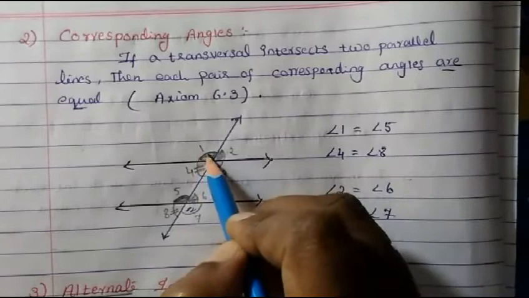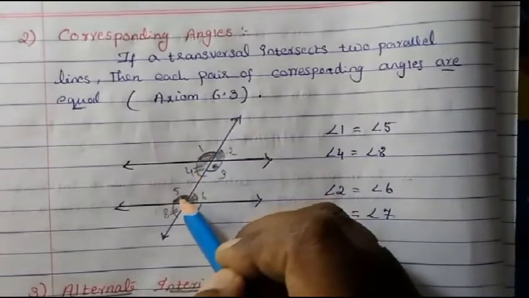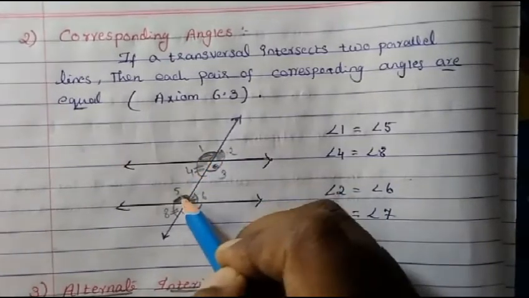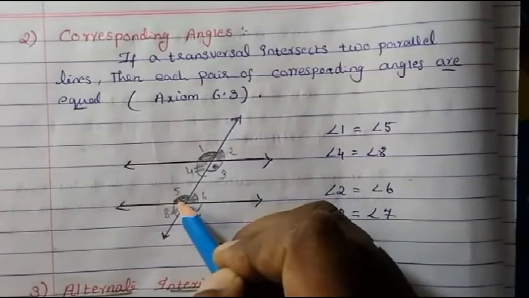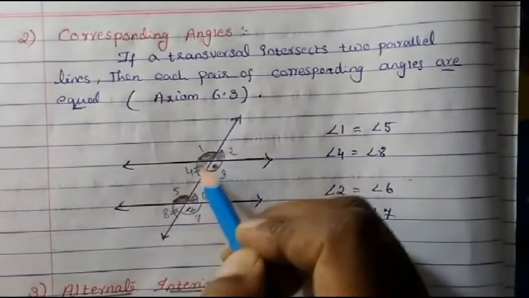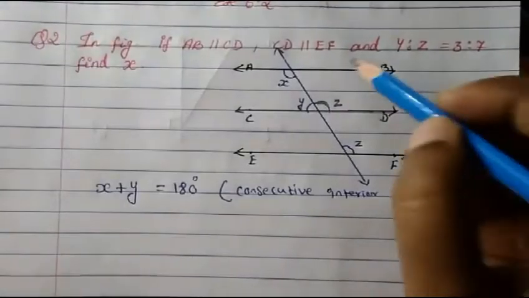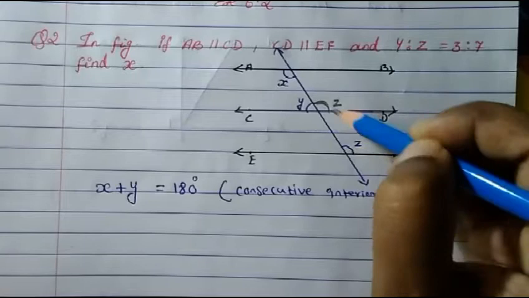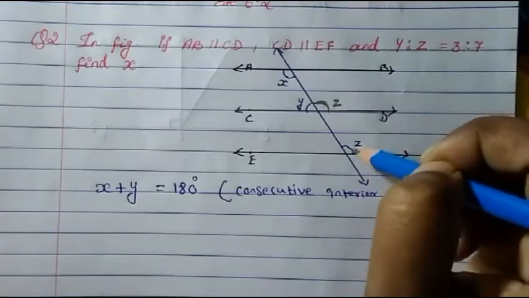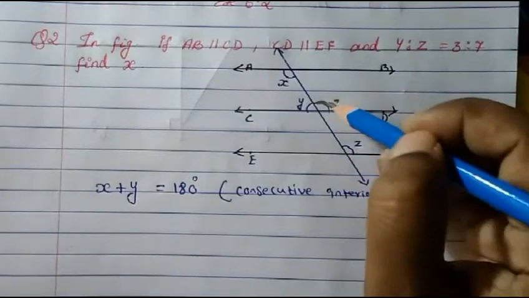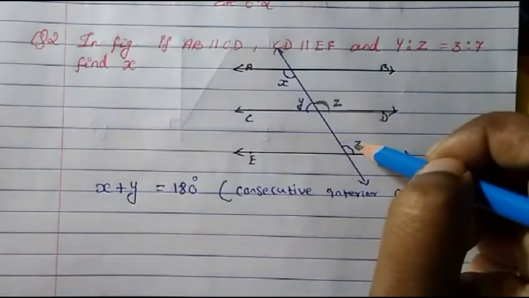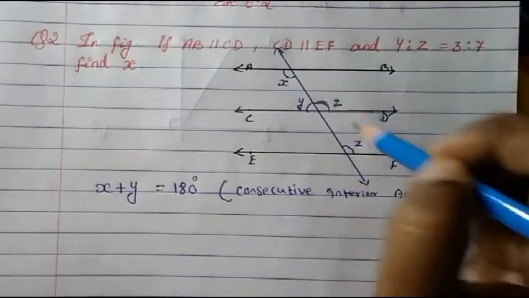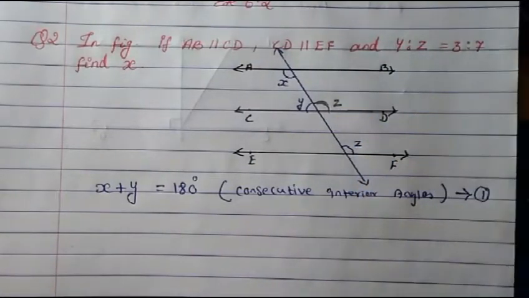If you take angle 1, then leave 4, the next angles 1 and 5 will be corresponding angles, and corresponding angles are equal when the lines are parallel. In the same way, if I take this angle and jump this angle to the next angle, these two are corresponding angles, so they are equal to each other. If this is z, this also can be z.